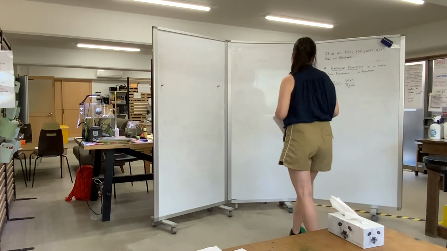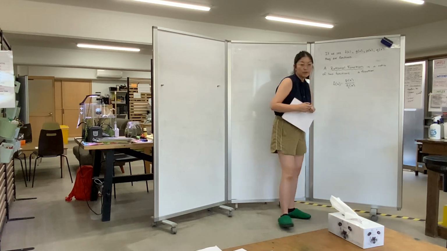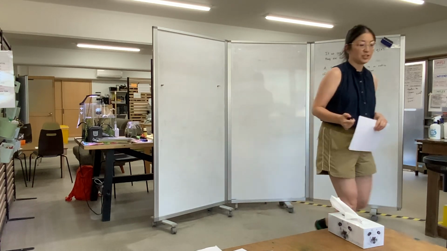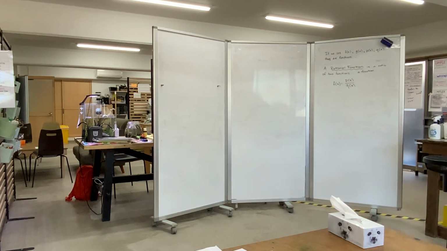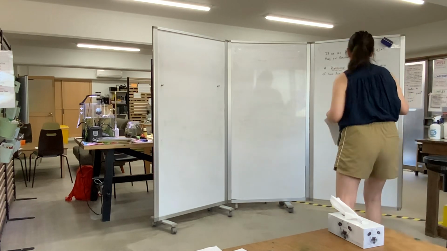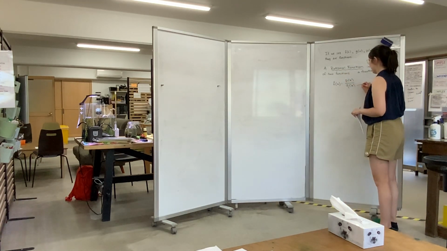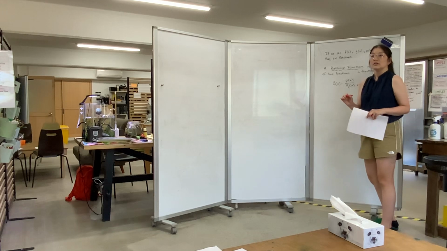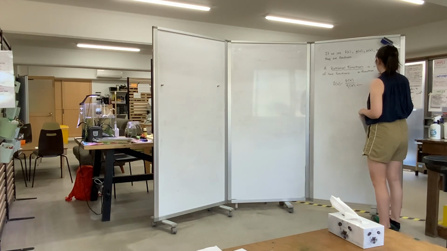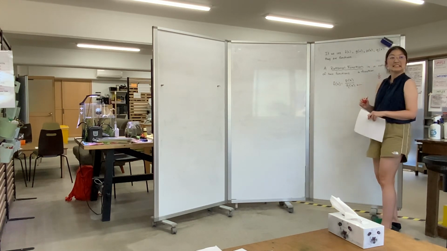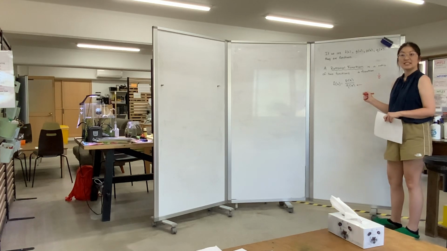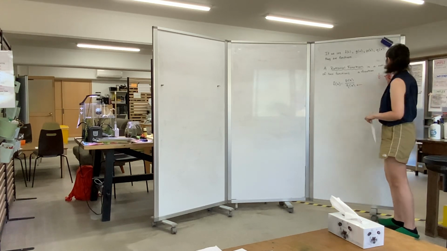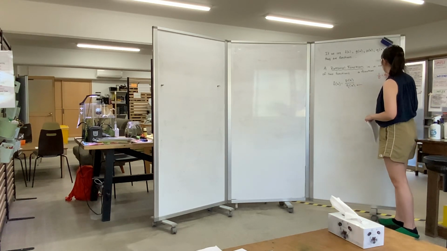Some rules about this. What do we know about a fraction? The denominator of a fraction. Do we like it when a fraction is 1 over 0? No. We just did this in trig. Does not exist.